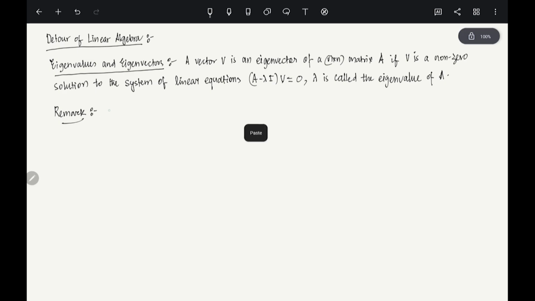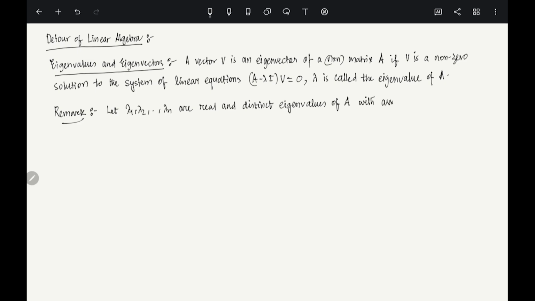As a remark, let lambda 1, lambda 2, up to lambda n be real and distinct eigenvalues of A, with associated eigenvectors v1, v2, up to vn.